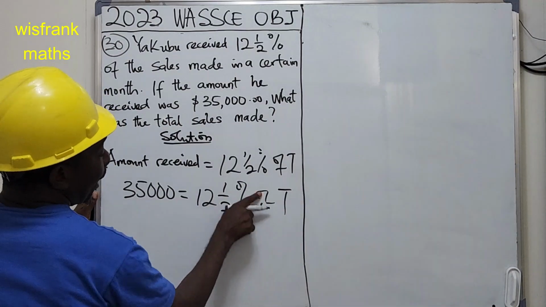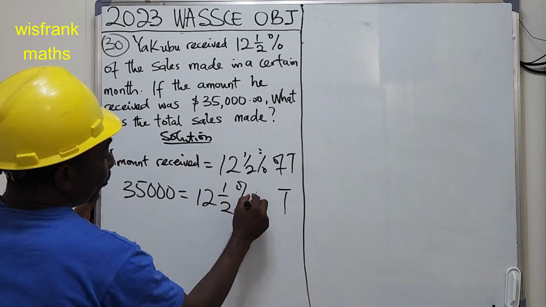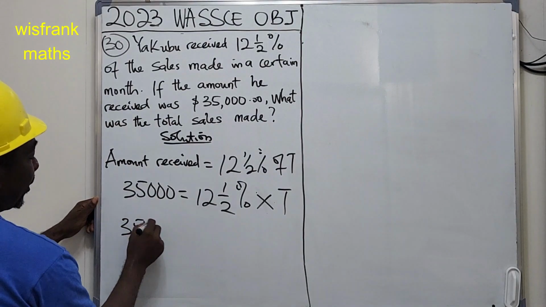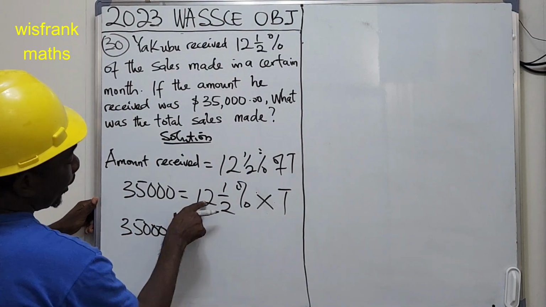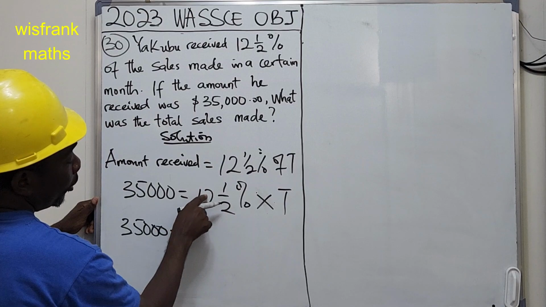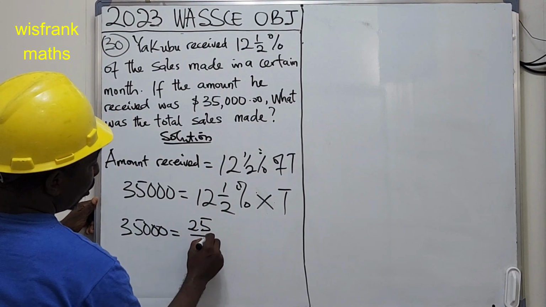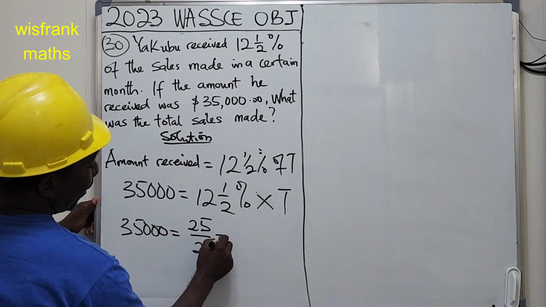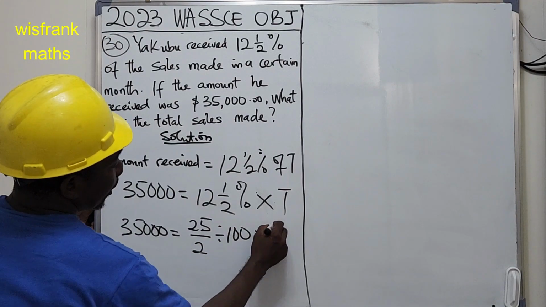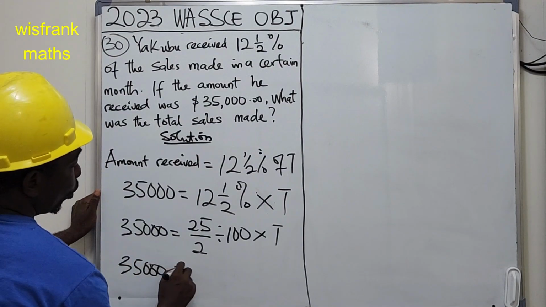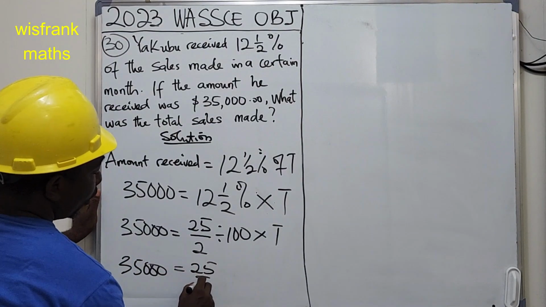This is the same thing as times T. So this is the same thing as 35,000 equals, 2 times 12 is 24, 24 plus 1, 25. We have 25 over 2 divided by 100 times T. So this is the same thing as 35,000 equals 25 over 2.